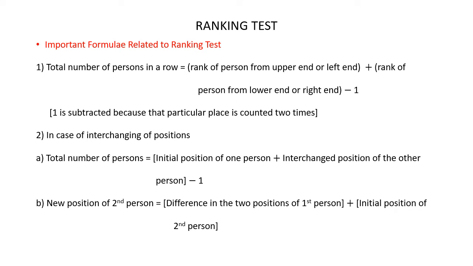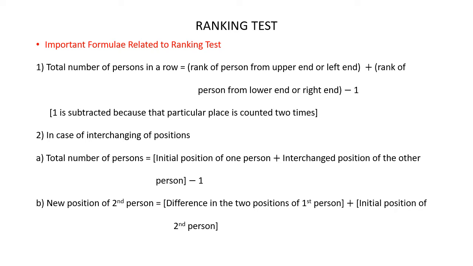Rank of person from lower end or right end is equal to total number of persons in a row minus rank of person from upper end or left end plus 1. So if you know this one formula, then you can find either total number of persons in a row or rank of person from upper end or left end or rank of person from lower end or right end as the question demands.